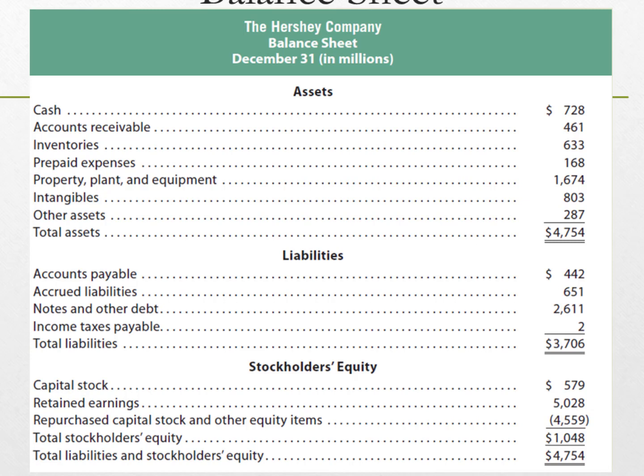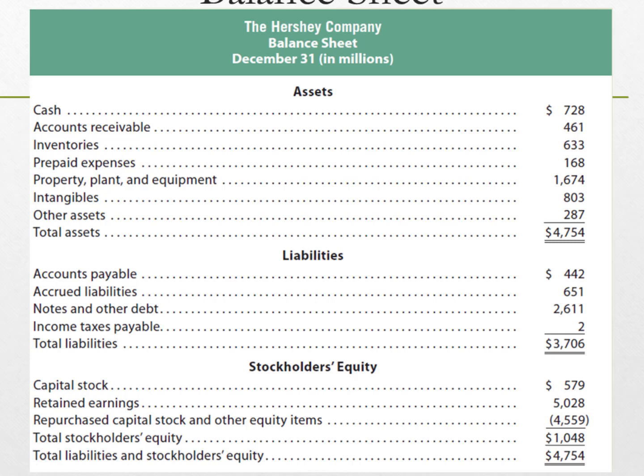We then have items such as accrued liabilities, notes, and other debt. We are reporting liabilities in order of the time that we expect to have to pay these back. Generally speaking, accounts payable is the amount that we need to pay first within the list of liabilities. Finally, we have stockholder equity.